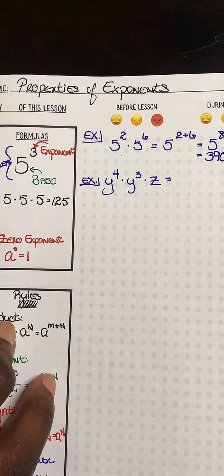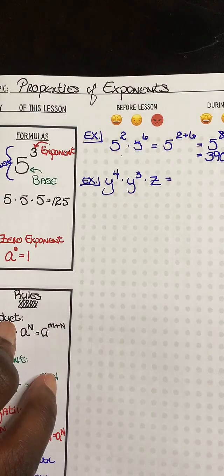Even if your exponents are fractions, you're still doing the same thing. If they have the same base, you add them together. So that means you have to do the rules of fractions. They have to have a common denominator, and once they get a common denominator, go ahead and combine them.